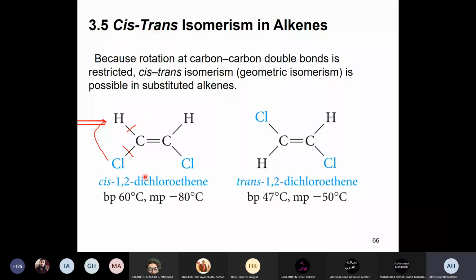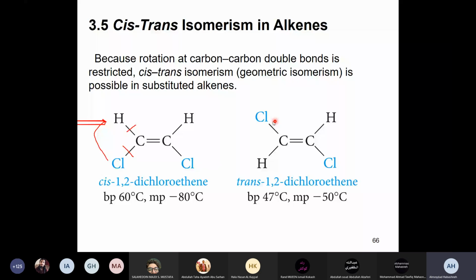The groups at one side are gonna be on the same side every time. They never change by rotation. So if I got this compound, which is 1,2-dichloroethylene, if the two chlorine groups are on the same side, we call them cis. If they are on the opposite sides, we call them trans.